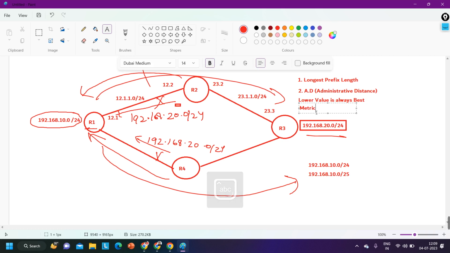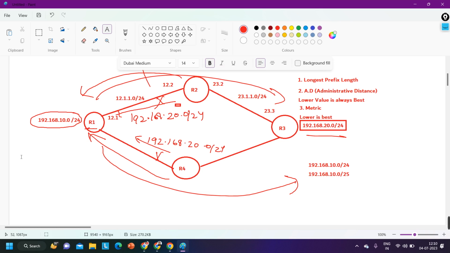Each routing protocol has its own algorithm to calculate metric, and for metric also, lower value is best. Done. So routers are going to check these three things. On the basis of these three things, the router will decide which path is best. If all three things are equal, a tie, then the router will perform load balancing.